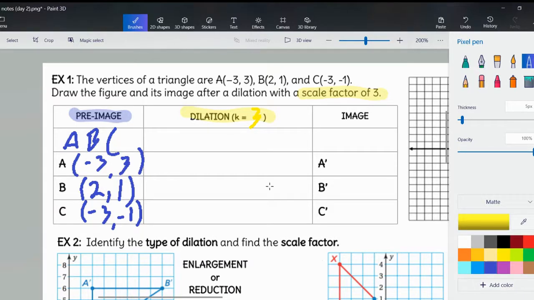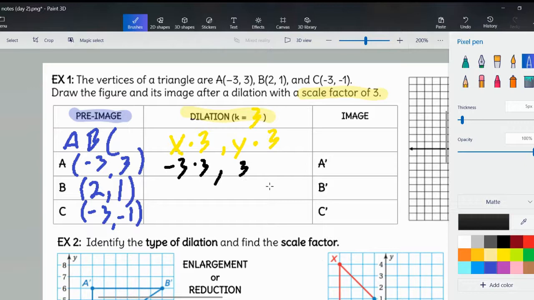So all we have to do is multiply each point by 3. That needs to be a Y. So we multiply each point by 3, and we're going to get our new values. So as we look at it, it'll be -3 times 3, which is our X value over here.